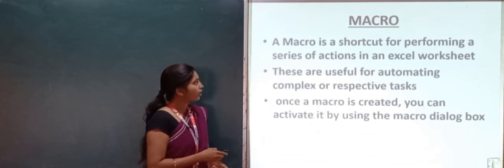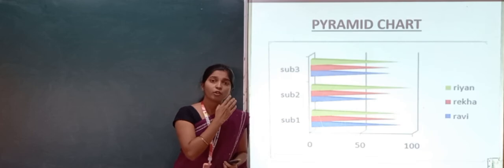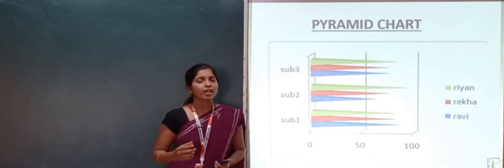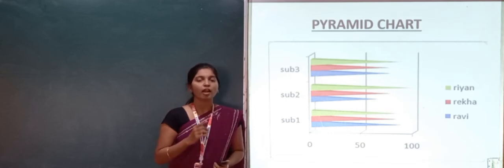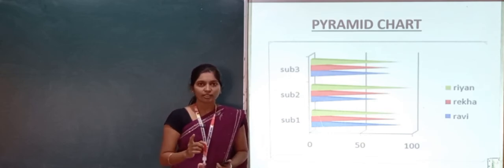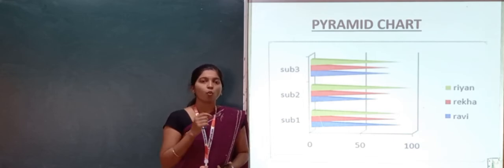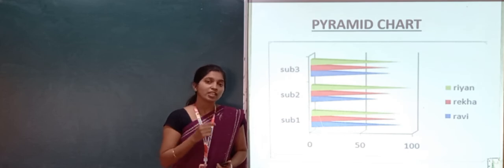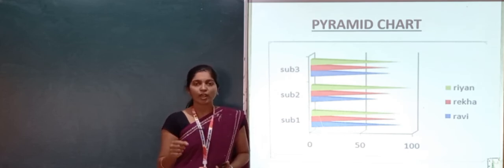Okay, so I hope you understood the 12 different types of chart. You may get a question on this topic for 15 marks, and the question will be, what is a chart or what are charts, and explain the different types of charts.